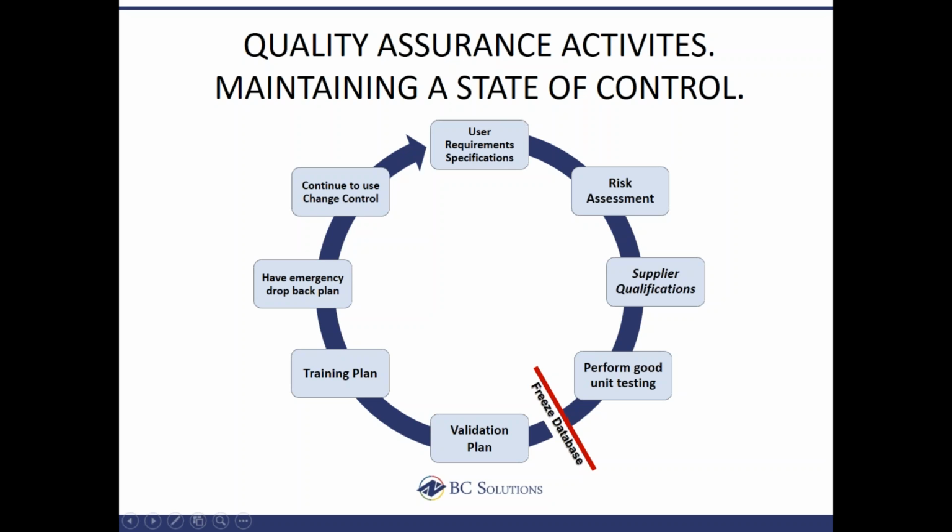So this step right here, supplier qualification, which should be done actually before you sign a contract with your vendor, and before you actually decide to put in an upgrade, is where you make sure that, yeah, this vendor knows what they're doing as far as their quality assurance in their own company.